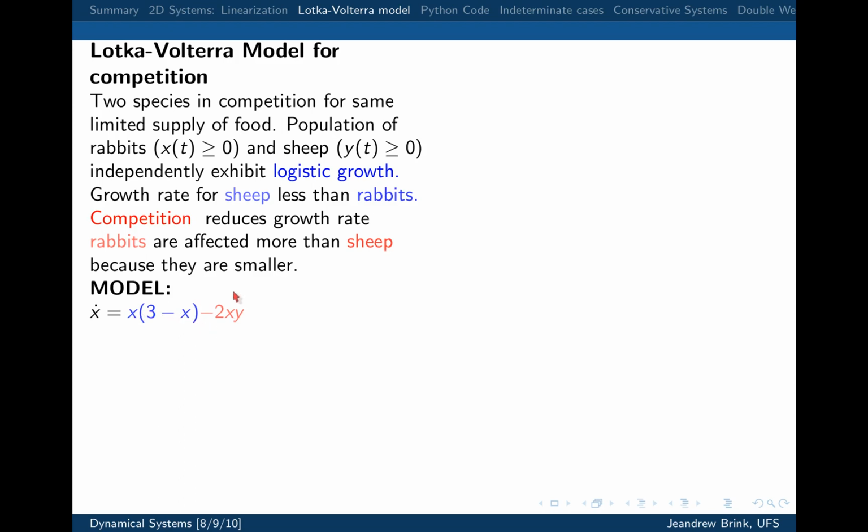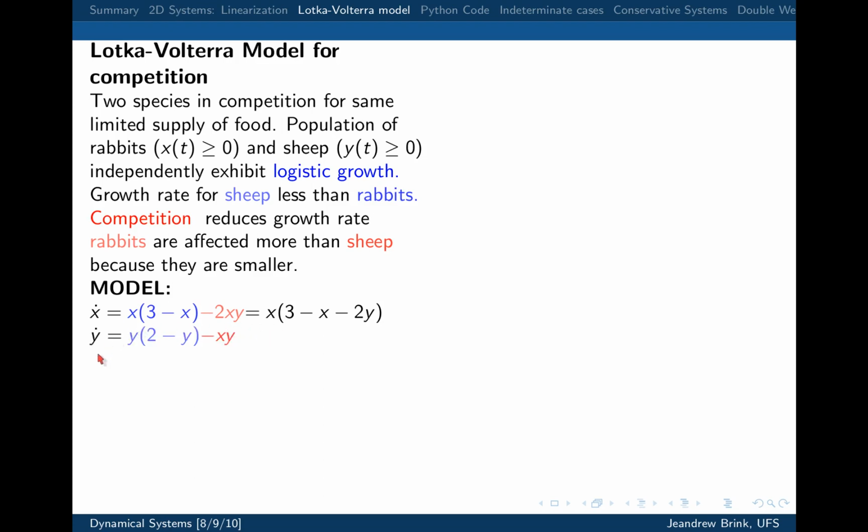And then here is the term that this logistic growth is now going to be decreased by minus 2xy. So this is proportional to the product of the two populations. So the more sheep there are, the bigger this term is going to be. Okay, and so this way of writing it makes the model clear. This way of writing it makes the mathematics clear.